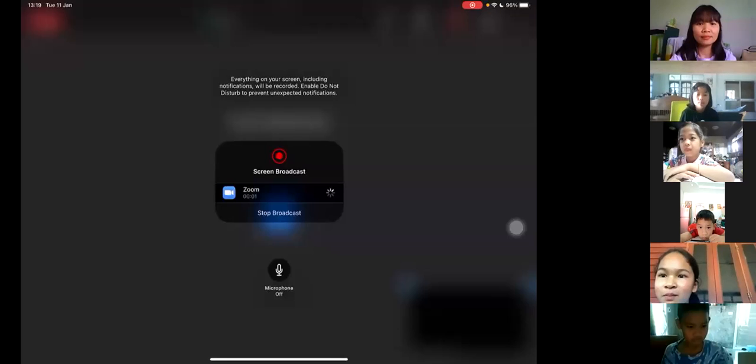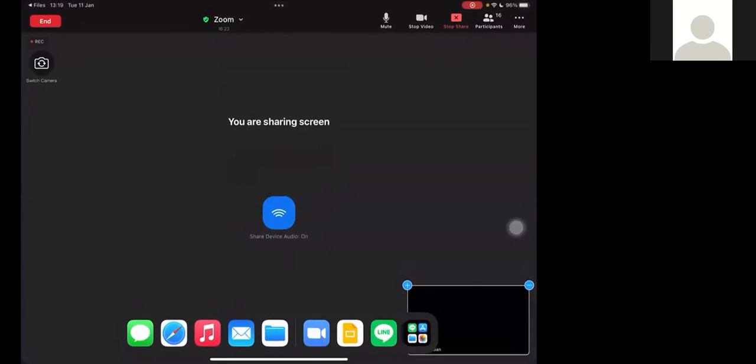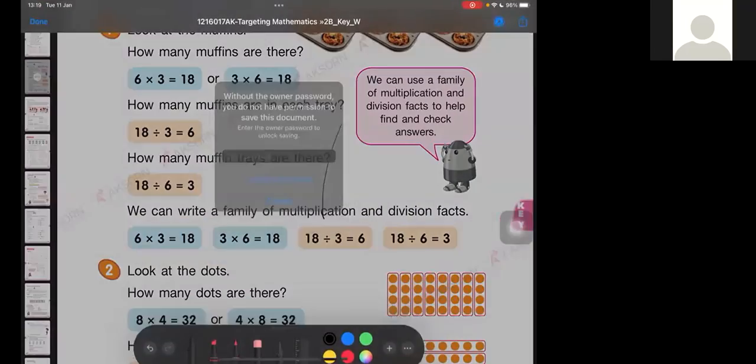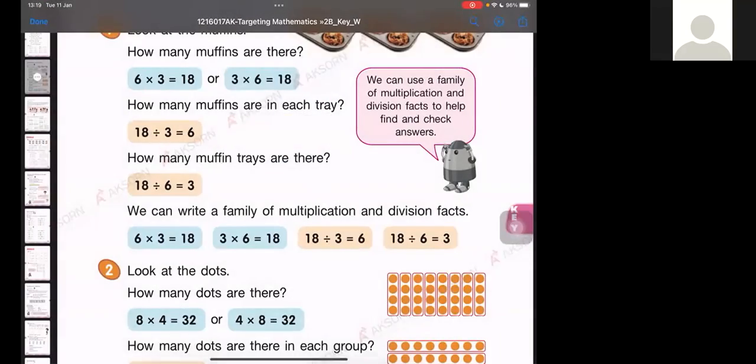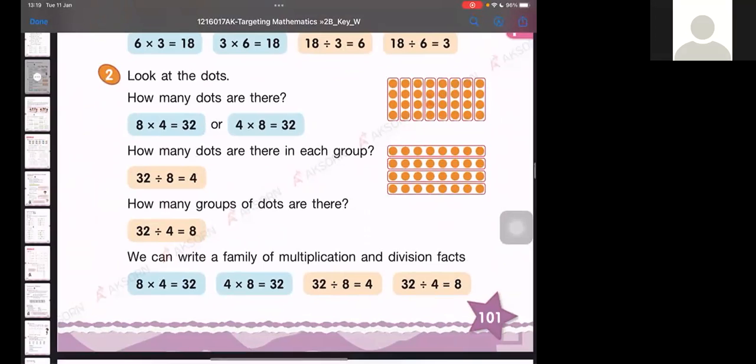Okay, so now let's have another example. So now you look at the dots. Everybody look at the dots. So we have dots there, right? So how many dots are there?